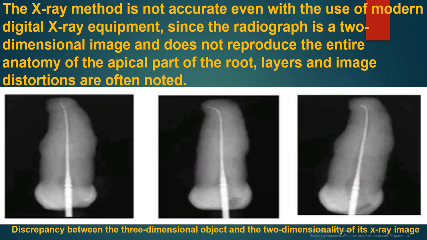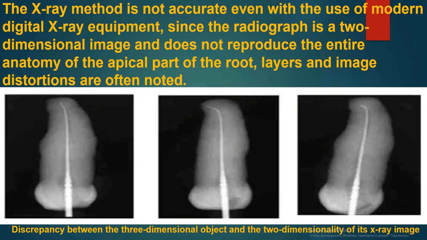The X-ray method is not accurate even with the use of modern digital X-ray equipment, since the radiograph is a two-dimensional image and does not reproduce the entire anatomy of the apical part of the root.